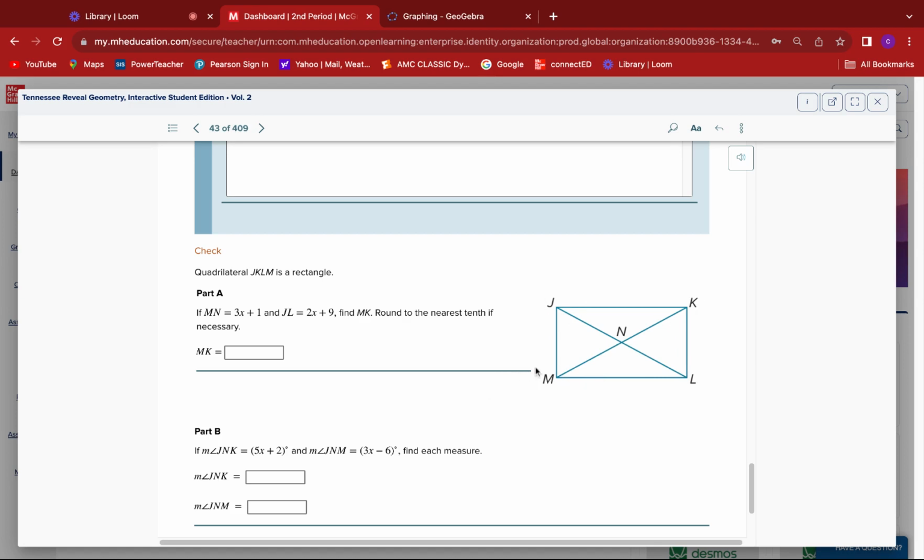It takes 2 of the MNs, because that would be a total of MK, to equal JL. Again, these diagonals are equal to each other, so JL is equal to MK, but because they try to trick us with that MN, it takes 2 of these to be a full MK. So I'm going to do 2 MNs equals 2x plus 9.